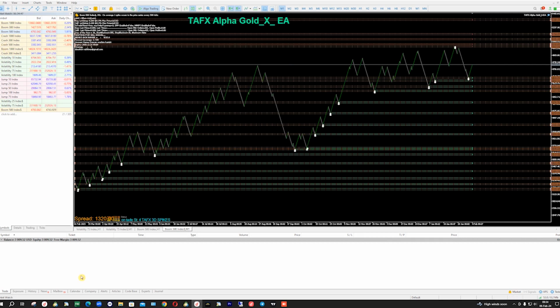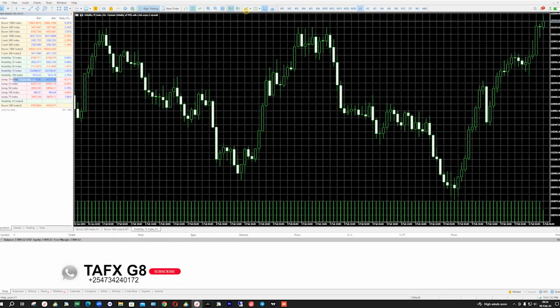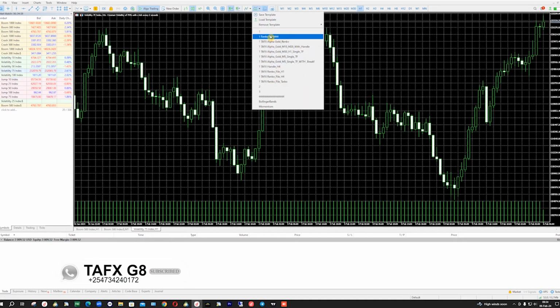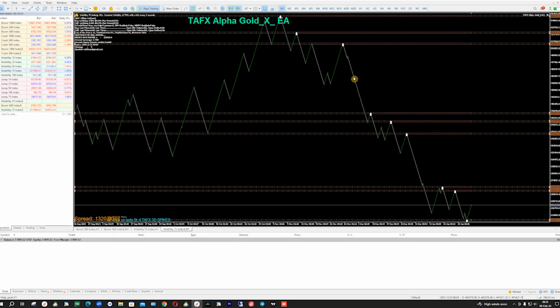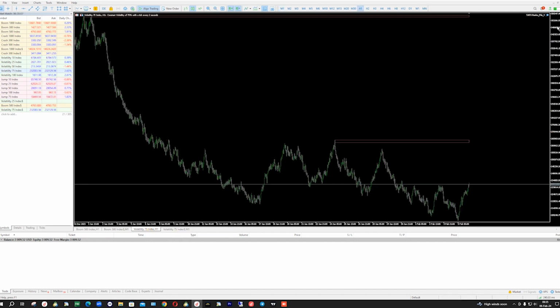It will be easier for you when you are loading the template. The way you saved your template with the Renko file 44, it will bring the template with the same setup. That's how we love our Renko file, because if you save the setups the way they should be, it will bring all setups the way you like it.